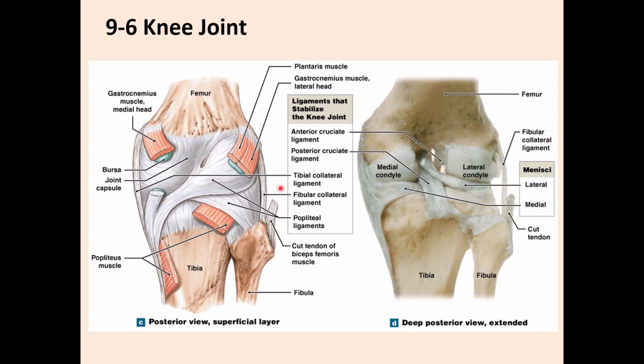If you remove the joint capsule, you can see the menisci. So there's a medial meniscus and lateral meniscus. This meniscus continues as a ligament, and this is called meniscofemoral ligament. It's not written there. If you want, you can write it.